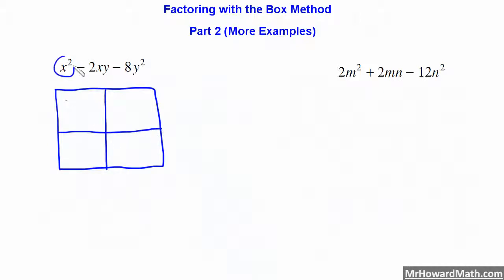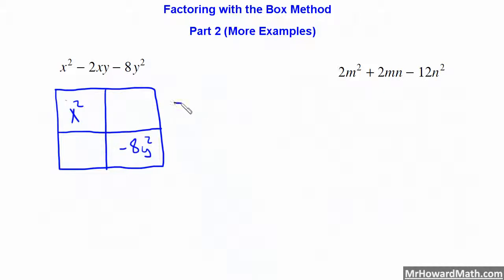Okay, so we put this first term right here. So we'll write that right there, x squared, and then we write this last term, negative 8y squared, right here. Now we take the product of these two, just like always.